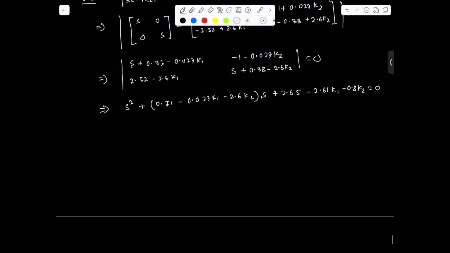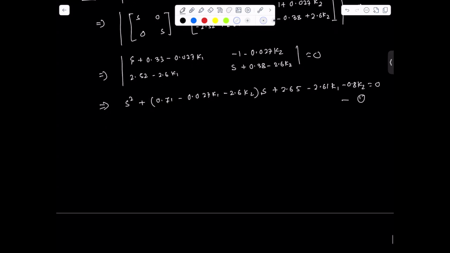We can write this expression in this form. This is basically the characteristic equation of the closed loop system. Let us define this as equation number 1.